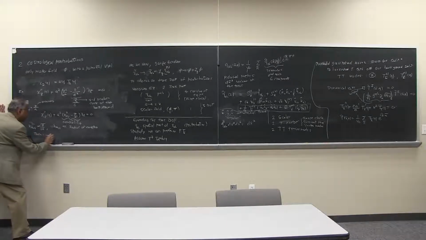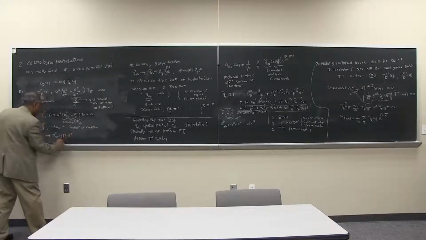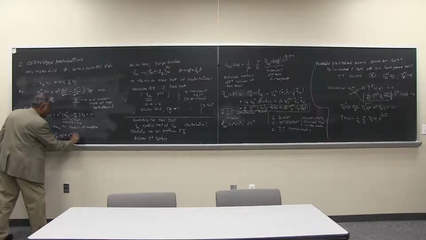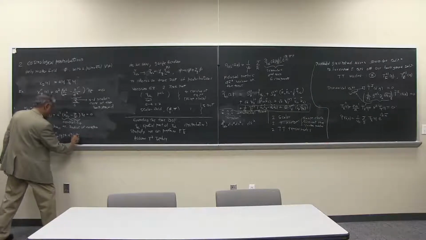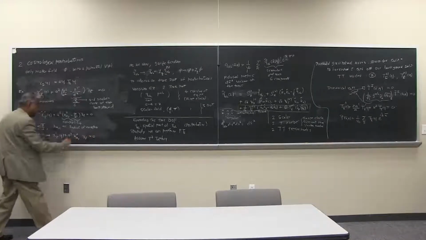Then the equation reduces to chi double prime k of eta plus a squared times k physical squared times chi k equal to 0.